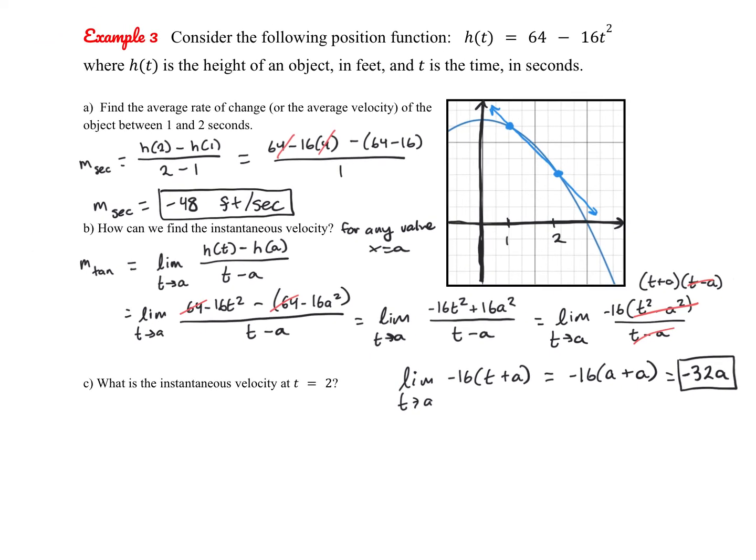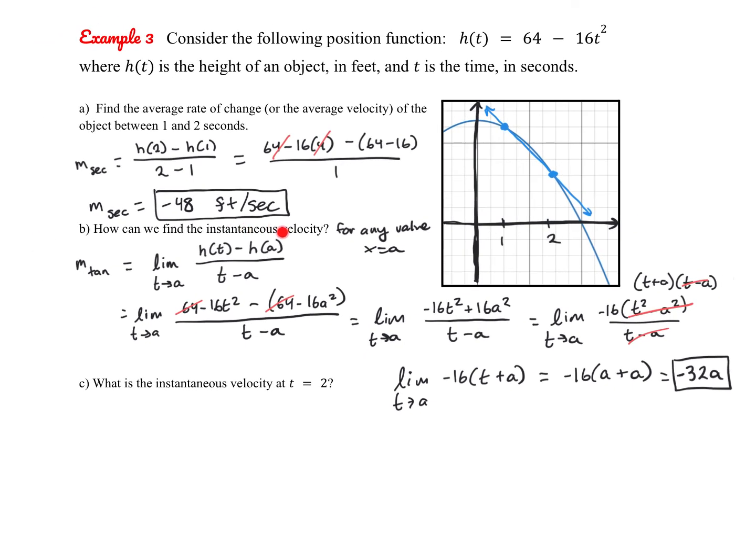So again, that's the general instantaneous velocity, for any x value. But now let's see if we can find the instantaneous velocity when t is 2. All we have to do is plug in 2 into this. This would give us the velocity at 2. So negative 32 times 2 would be negative 64.